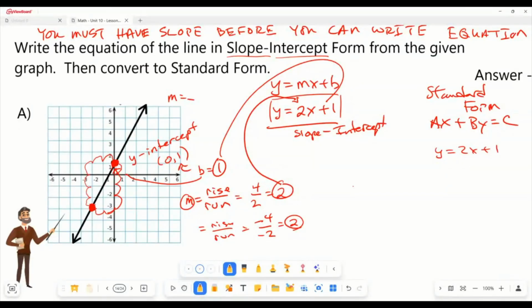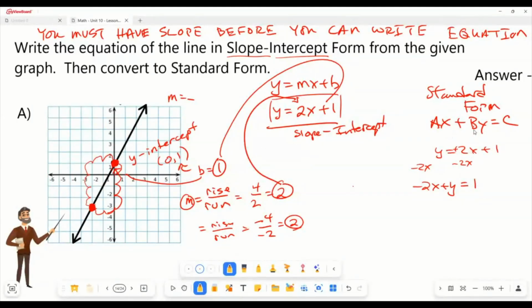X is on the right. I need it over here. There is an understood plus sign in front. The 2x is being added to 1. 2x added to 1. We undo that by subtracting 2x. Subtract 2x. Negative 2x plus y equals 1.